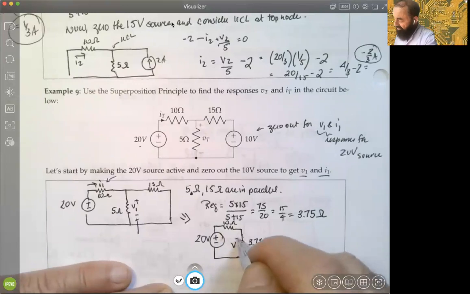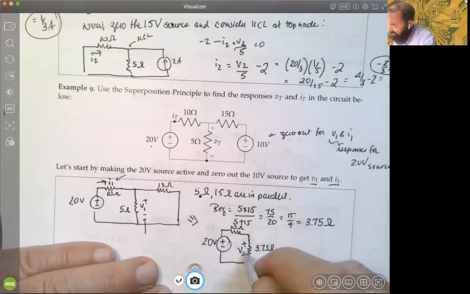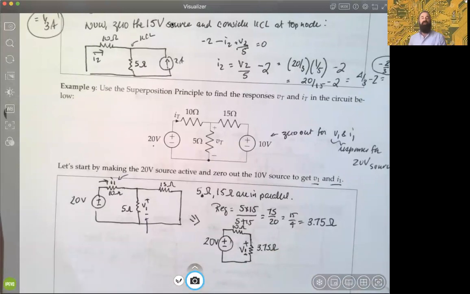But the voltage through that is still V1, right? Because these two are in parallel, the voltages across them are the same, right? So that's why even though I've written this as 3.75 ohms, I'm still finding that voltage response that matches what I originally wanted because they were in parallel, right?